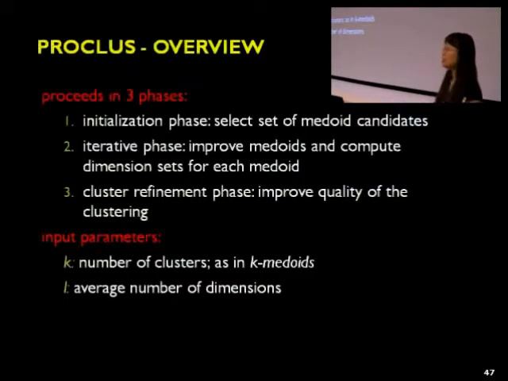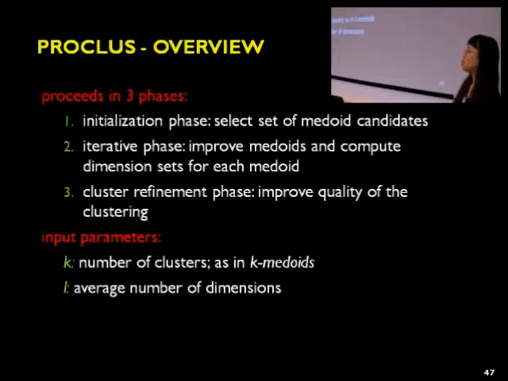So the algorithm works in 3 phases. The first phase is to select sets of medoid candidates. So you just randomly select a number of objects in your data as candidates for the medoid, for the cluster center. And then you try to improve medoids and compute dimension sets for each medoid.